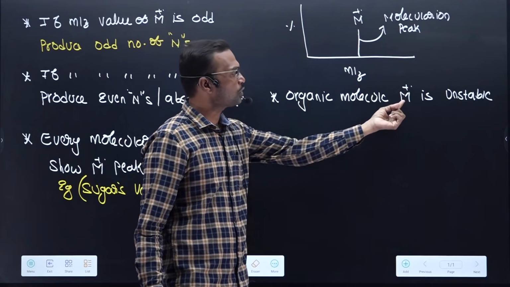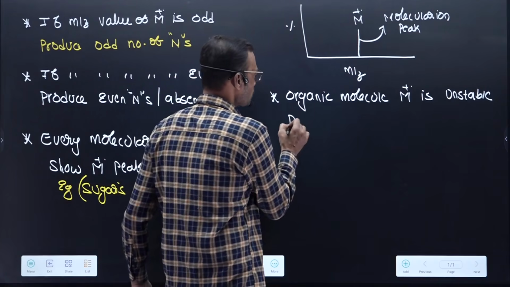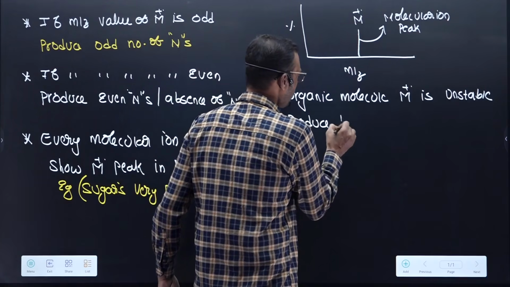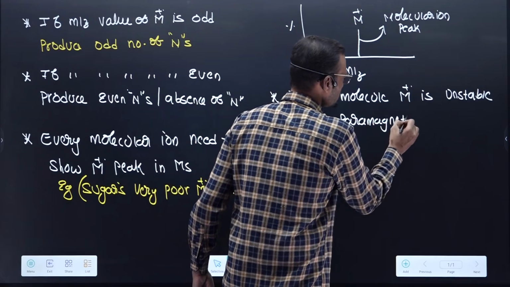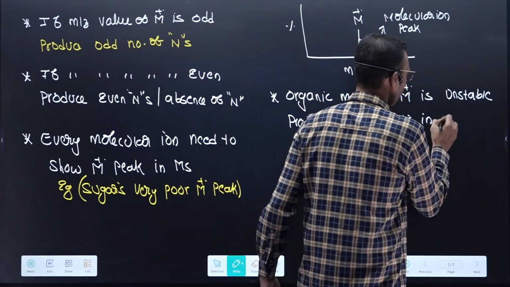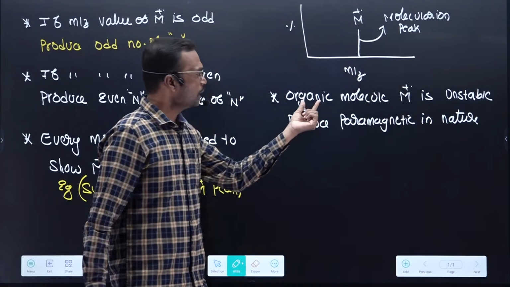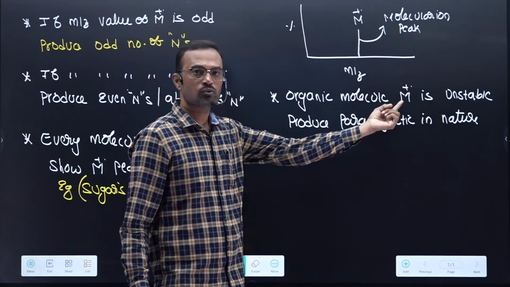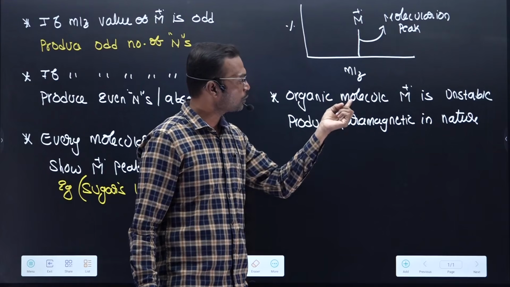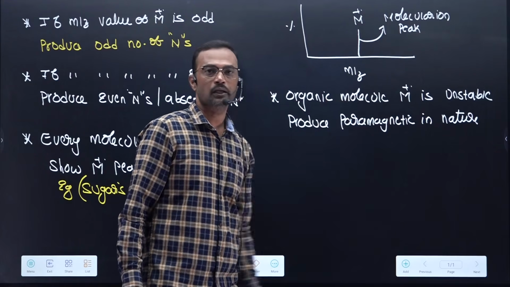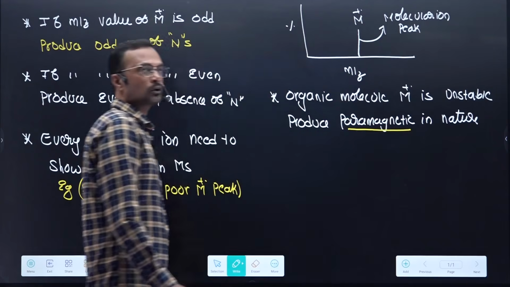After losing an electron, it forms an odd electron species. The odd electron species is unstable and gives paramagnetic character. So if any organic molecule loses an electron and forms a molecular ion, that molecular ion is paramagnetic in nature. So organic molecules show a paramagnetic molecular ion.